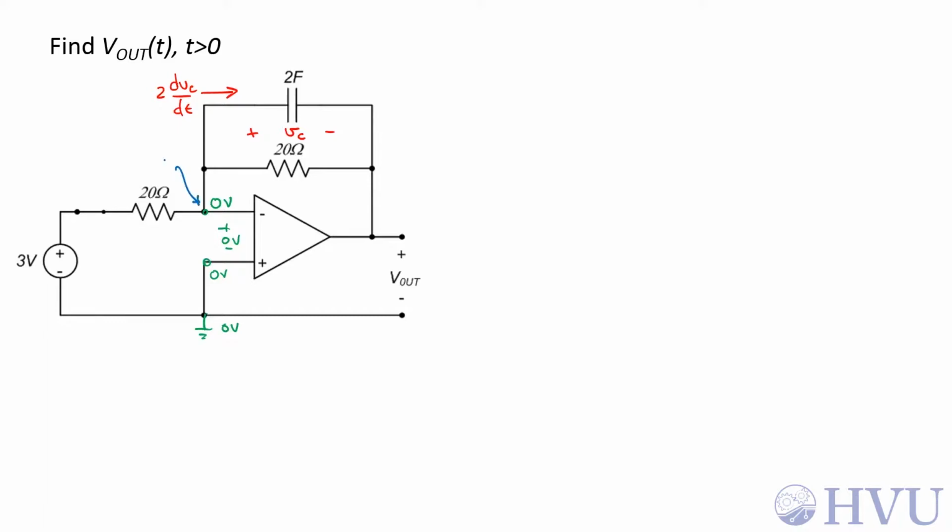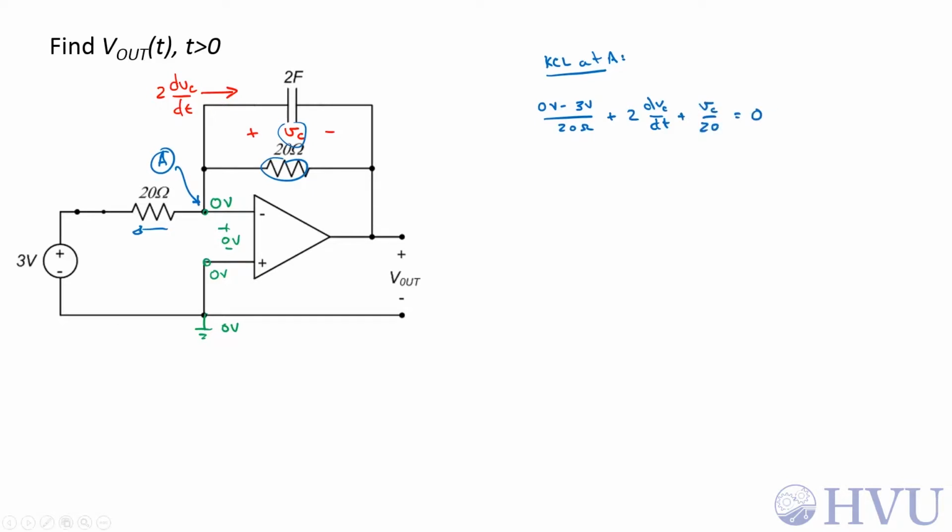If I call this node A, KCL at A says that the current through this 20 ohm resistor is 0 volts minus 3 volts over 20 ohms, plus the current through the capacitor, which is 2 dVc by dt, plus the current through this resistor, which is V sub C divided by 20 ohms.